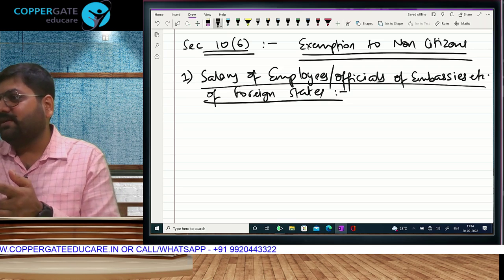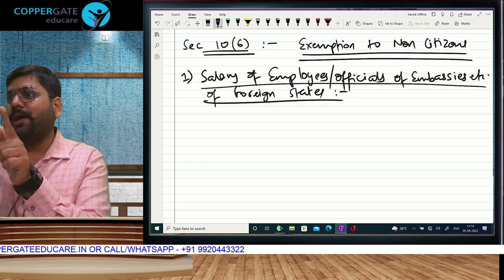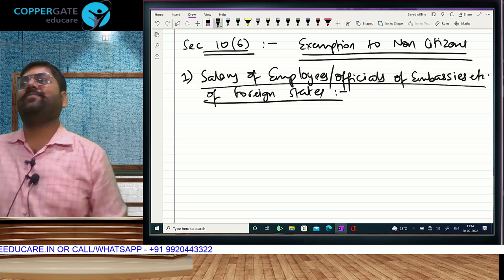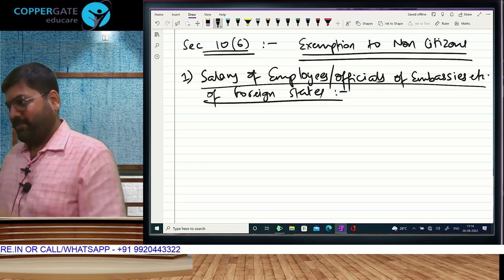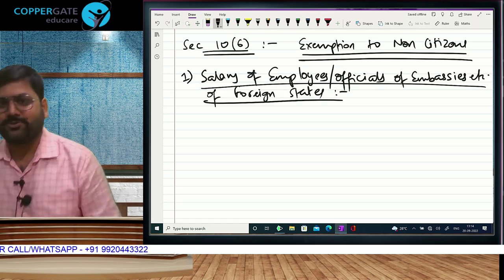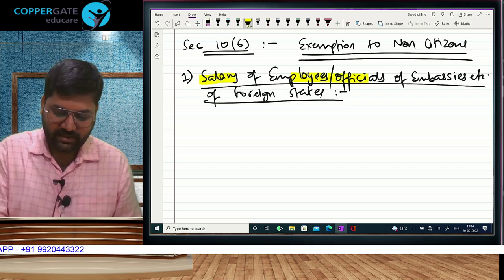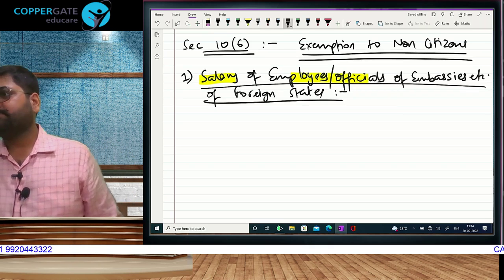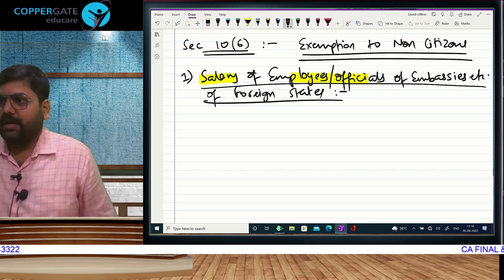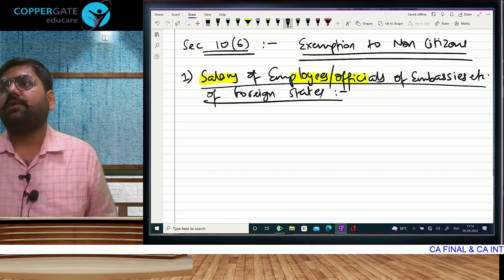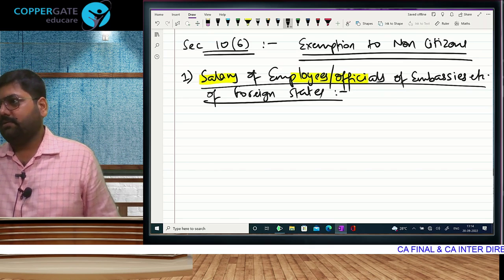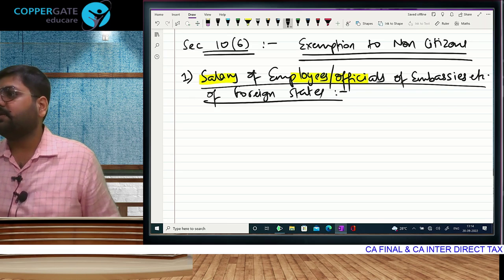And income becomes Indian income when which of the two happens? Any one. So यहाँ पे तो they are working also here and they are getting paid also here. My question is, the salary that these employees are getting, these officials are getting, is this Indian income? Yes, but we will not take tax on that salary. Because we have written it in section 10, no?